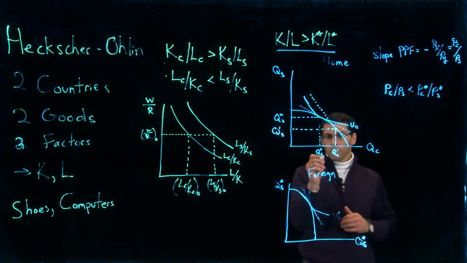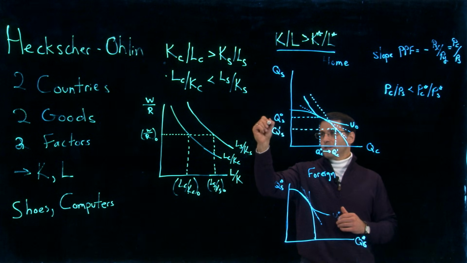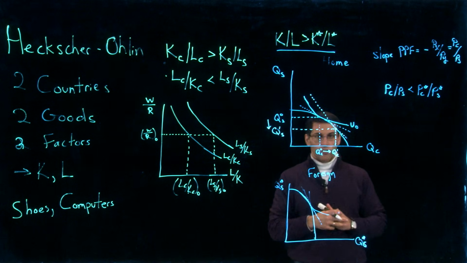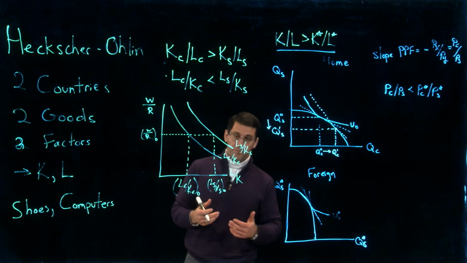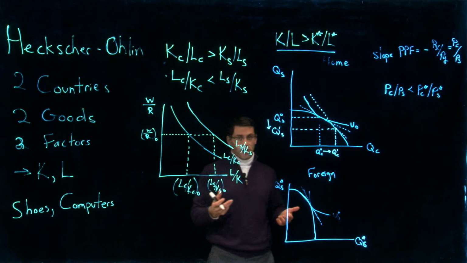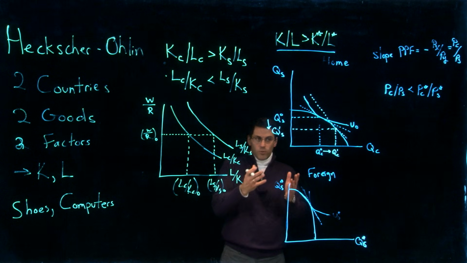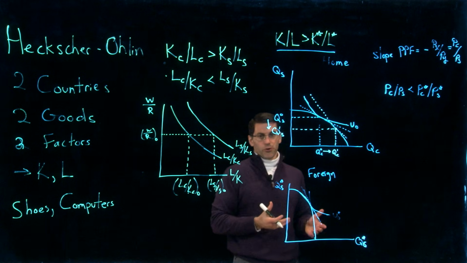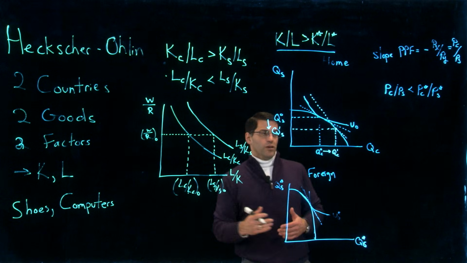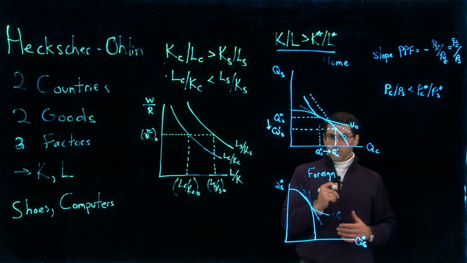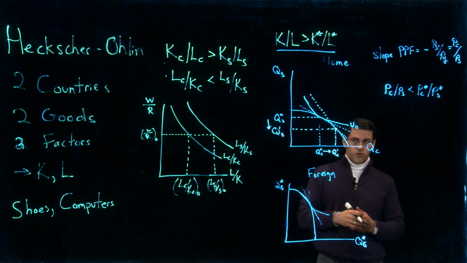Well, we would see an increase in the production of computers and a decrease in the production of shoes. We have specialization in computer production. Of course, unlike the Ricardian model, the specialization is not complete. We don't move in the home country to producing computers and only computers and completely give up shoe production. We still continue to produce shoes. We just don't make as many of them as we did before opening up to trade.